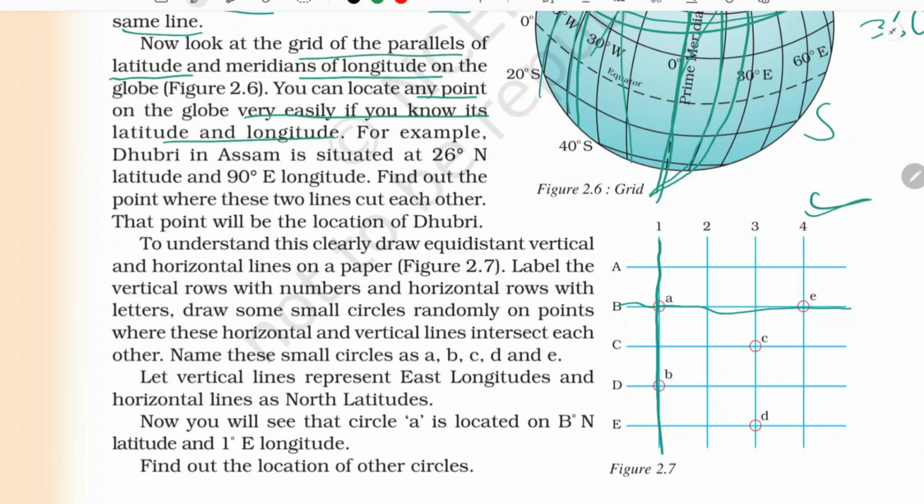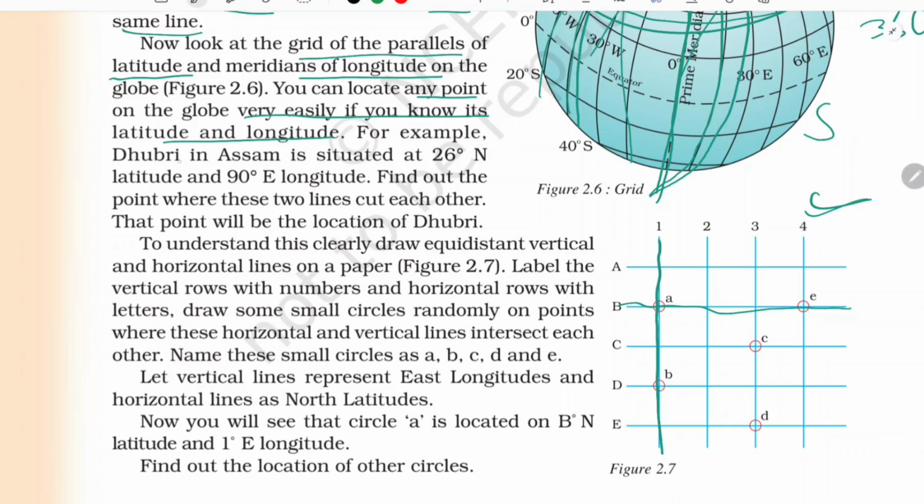For latitude also there is a degree, starting from the equator as 0, and longitude is also measured in degrees starting from the prime meridian as 0. So it is easier for us to know exactly where a place is located through these lines.